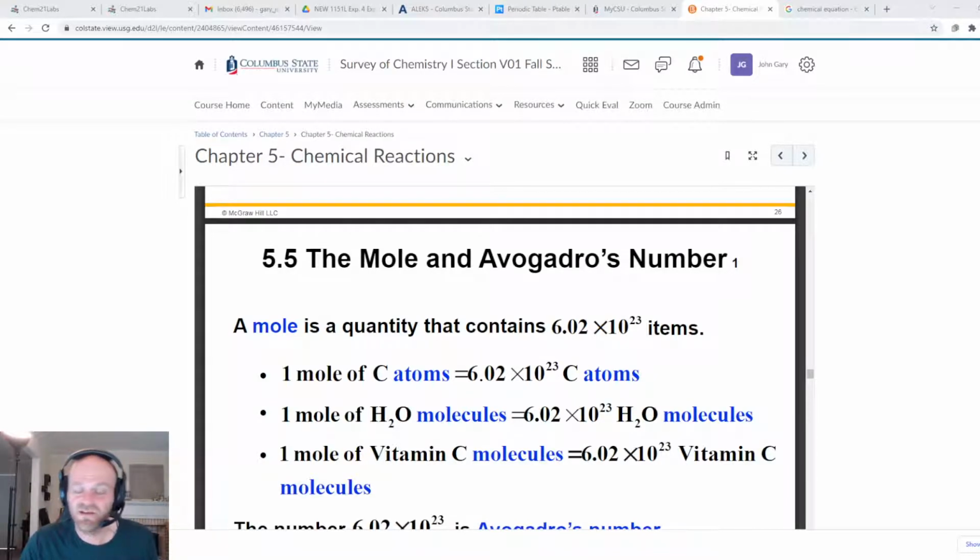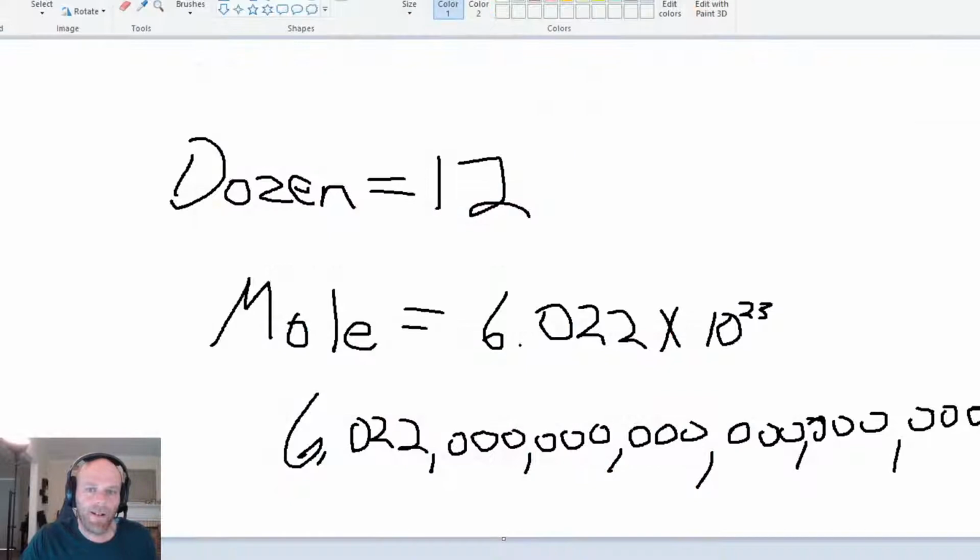So I'd have to rearrange commas, but this is the number. Oh my goodness, I didn't put it on there. Okay, I apologize. I'm going to back up just a second. So dozen equals 12. Mole equals this number here, 6.02 times 10 to the 23. And then here on the bottom, I've started writing out that number. You see how crazy big it gets.